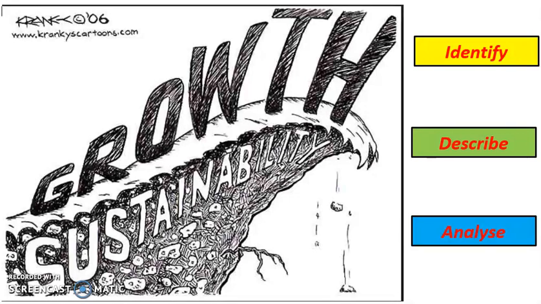As we move towards the edge of the cliff, we can see that growth is becoming more important. People are focused about making money, creating jobs, using our resources. Sustainability starts to shrink. In other words, our environment is deteriorating. How do I know that? Because bits of the cliff are falling away as growth gets bigger.